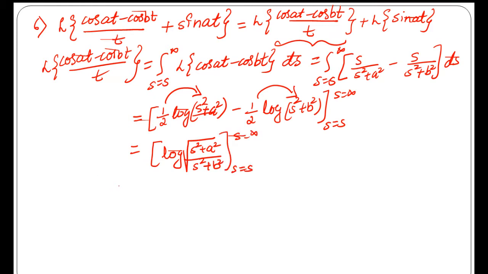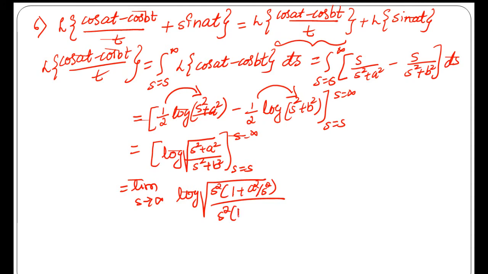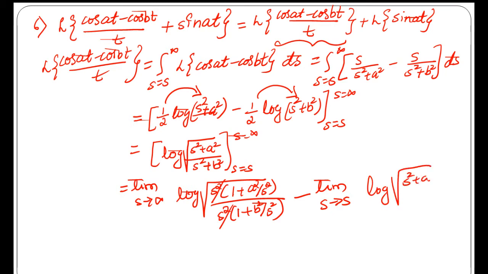Now we can apply the limits, that is upper limit s tends to infinity, log of square root of s square I will take out since it is in the form of infinity by infinity. So we will get 1 plus a square by s square divided by s square times 1 plus b square by s square. Now s square gets cancelled, minus apply the lower limit, that is s tends to s, log of root s square plus a square divided by s square plus b square.